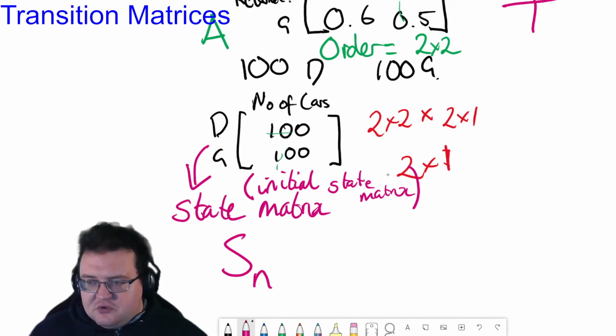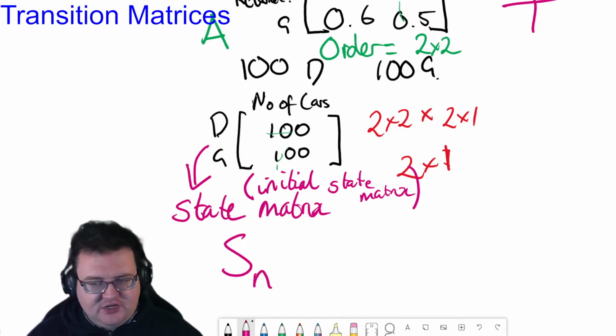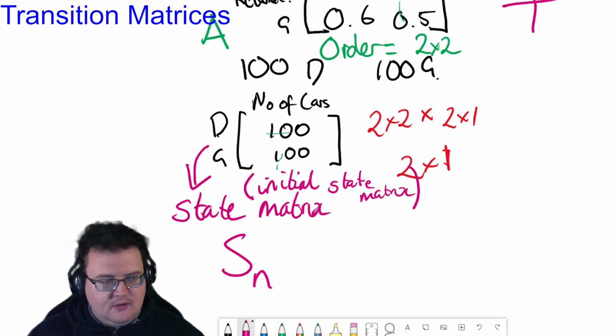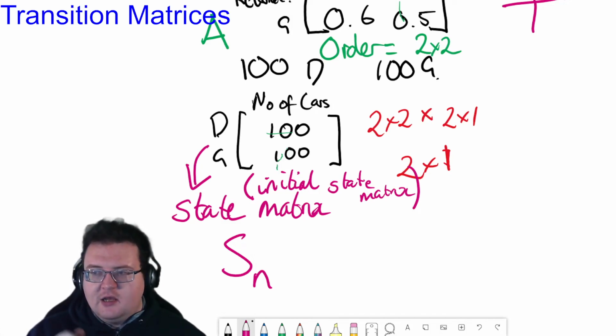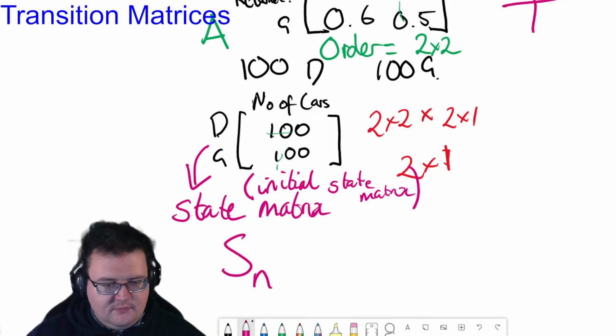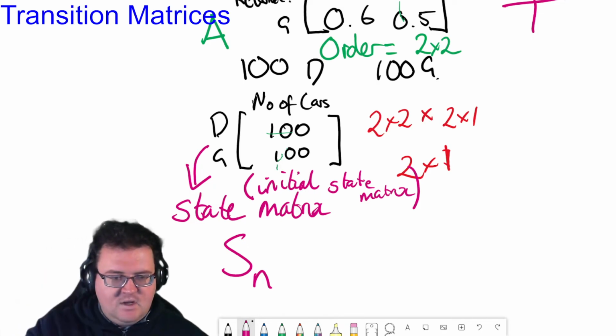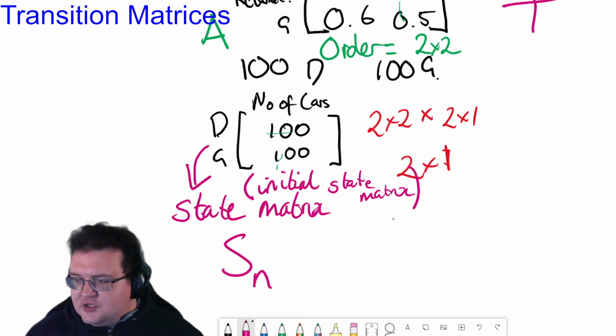So the initial state matrix, how many times have I multiplied the transition matrix into it? Nothing. So the initial state matrix is S0.